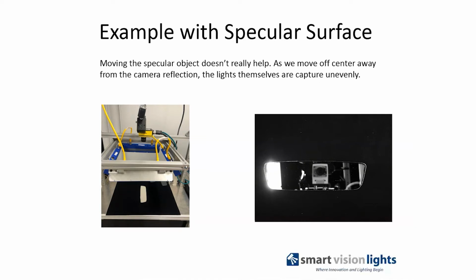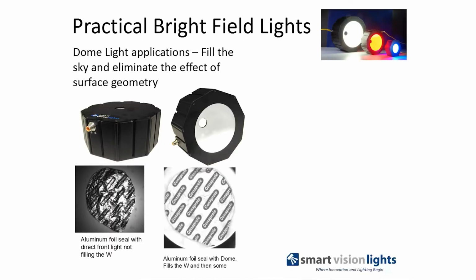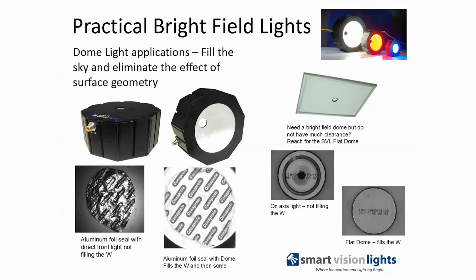So I'm going to remind you of a previous slide from our bright field and dark field lights. One of the solutions for bright field lighting is a dome light.